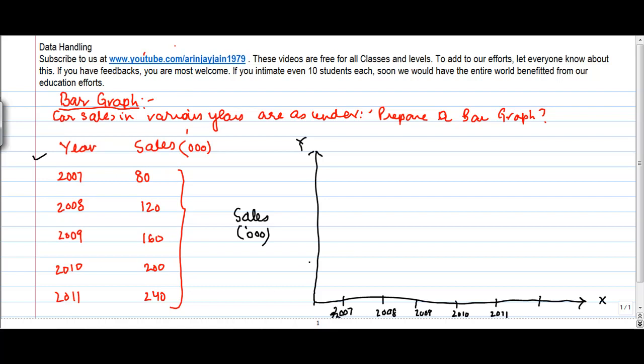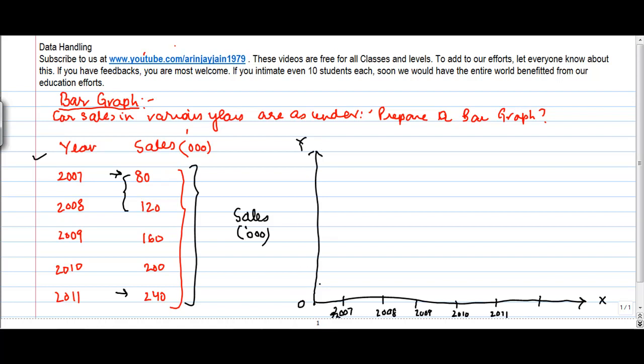Now, the variable that you take on the y-axis is a factor of what kind of data you have. Let's say in the data that I have, 80 is the smallest and 240 is the highest. And if you notice, the difference between the successive ones is around 40. So if I take a gap of 20, that will mean 12 lines to be covered.